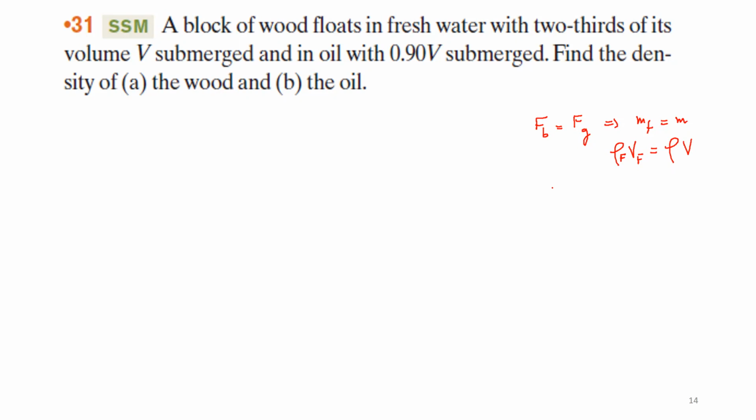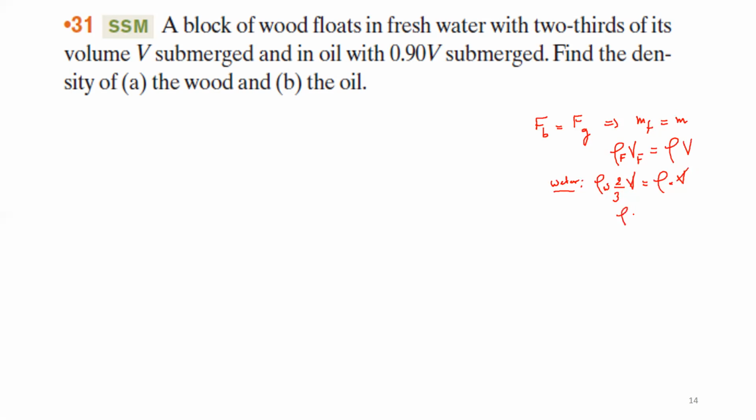Now, in fresh water, you will have rho water multiplied by the volume of the fluid which is displaced. So you have to look at the volume of the object which is submerged. So it's 2/3 of V, V being what? V being the volume of the object. And this is equal to rho object, let's say wood, multiplied by V. So this V goes away.